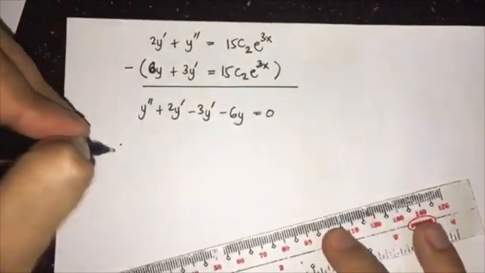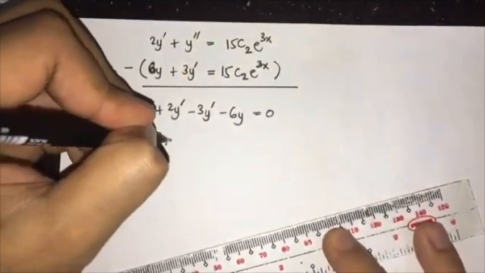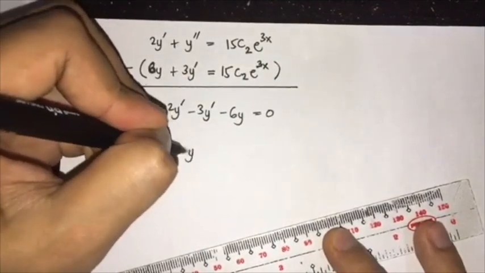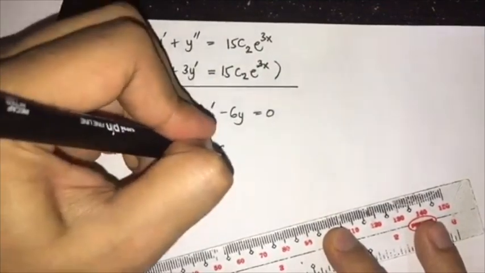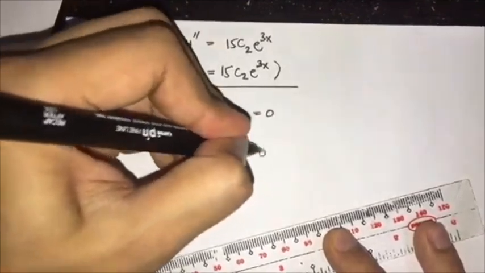Therefore, simplifying, our answer is y double prime minus y prime minus 6y is equal to 0.